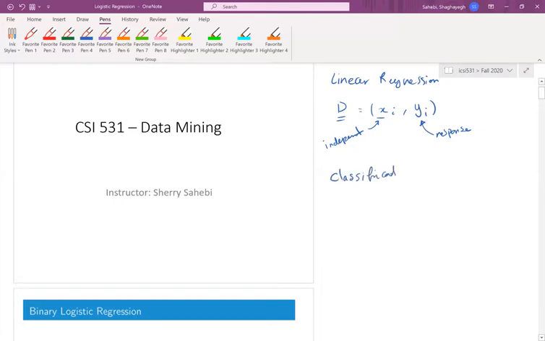And the difference is that instead of having numeric response variables, what we have is categorical response variables. So again, our data is having these pairs of vectors of independent variables or attributes.